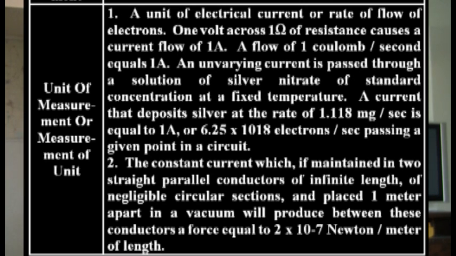Okay, and then they're trying to get into force, which is the whole hydraulics thing, so yeah, that stuff is pretty much worthless. I think the 6.25 times 10 to the 18th electrons is kind of what you really need to know, and what 1 coulomb means, because you actually use that. The rest of it's just a bunch of crap. Unless you want to get into the physics of actually figuring it out every time you're trying to build a circuit, you know, I wouldn't suggest you do that. It takes a long time.